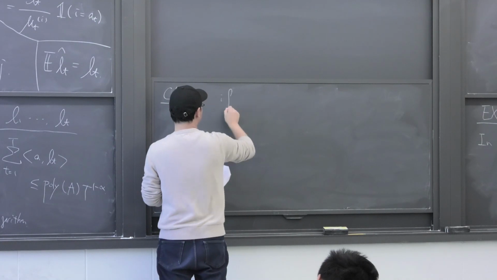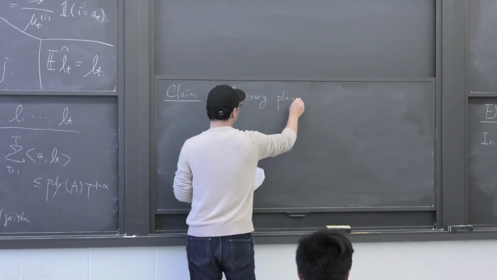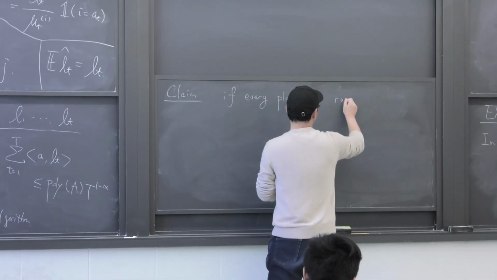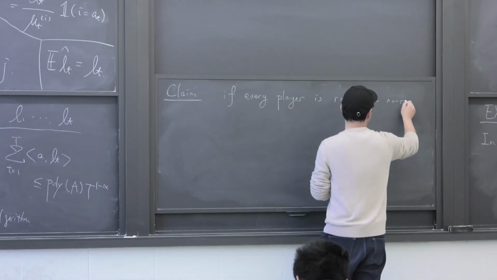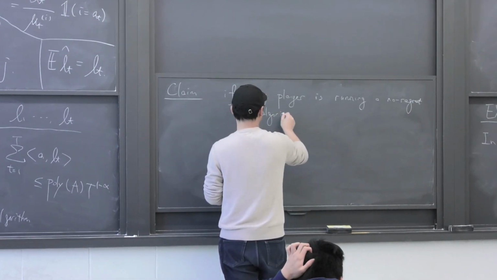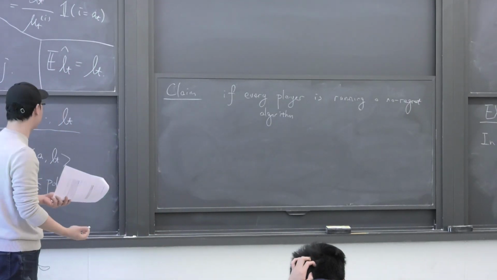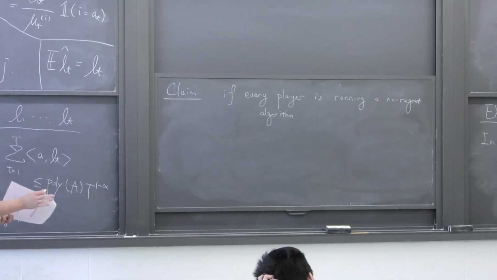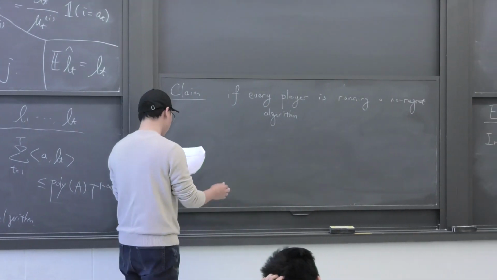So if every player is running a no regret algorithm, they don't even need to coordinate on what kind of no regret algorithm they run. We say EXP3 is one no regret algorithm, but each player can run a different no regret algorithm, or they can run a no regret algorithm with different learning rates. As long as it's a no regret algorithm, the following claim is true.